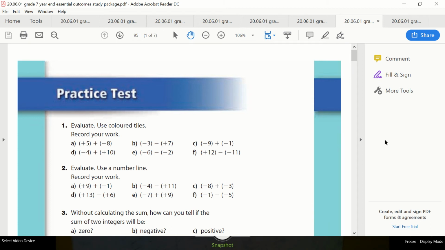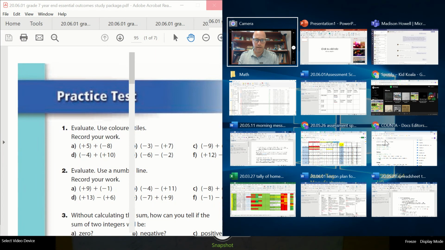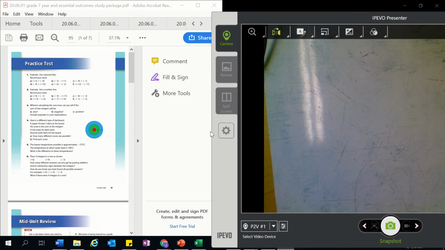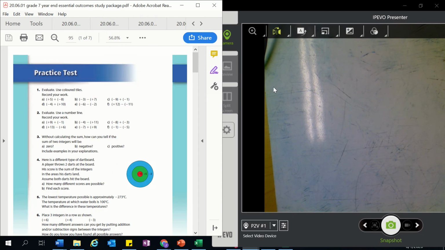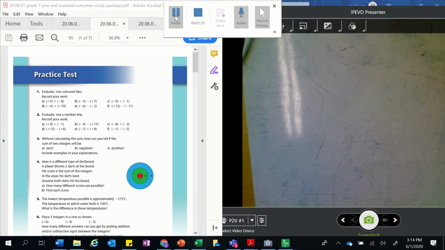We'll do this by putting one screen to the side and our presenter to the other side. The presenter doesn't work that way, we'll just go like this. There we go. So we've got plus 5 plus minus 8. So let's take a look at what that would look like in just one moment.